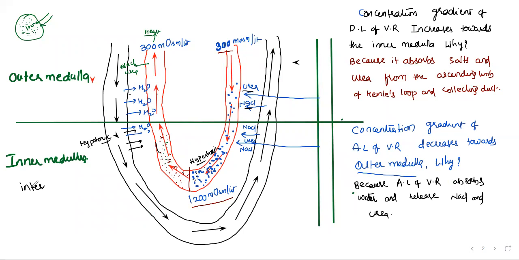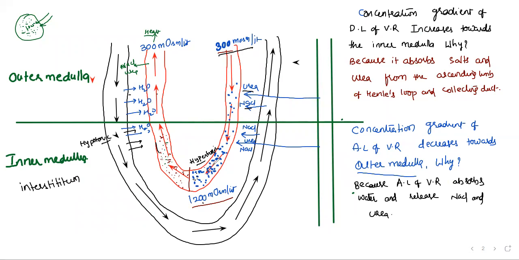Don't get confused with the word interstitium, it is nothing but interstitial fluid, we can say. That means from 300 milliosmol it reached 1200 milliosmol in the inner medulla, in the descending limb of vasa recta.